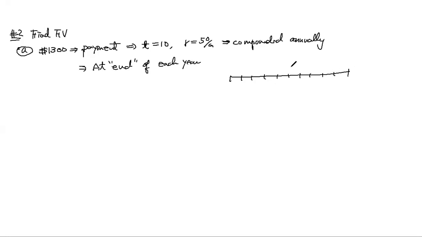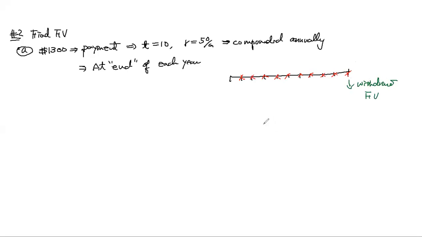Okay, so at 10 years, right? So that means your payment here is at the end of each year. So you are paying 1,300 at the end of each year. Then you want to see, if you want to withdraw, then how much? So this will be your future value.